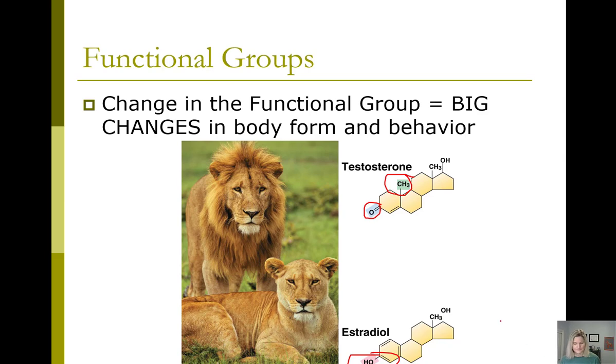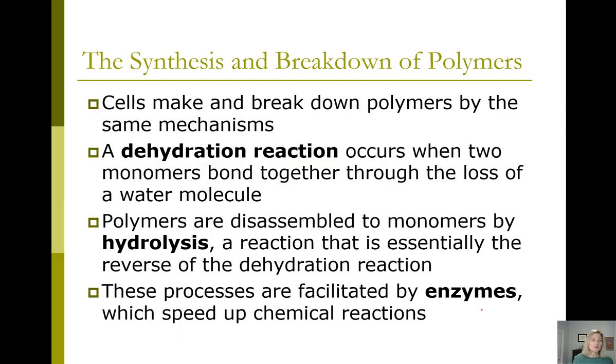All right, so we talked about the functional groups. Make sure you understand those. And now we're going to see how molecules form and break down. Chemicals and cells make different molecules and they break them down, and it goes through these same processes.